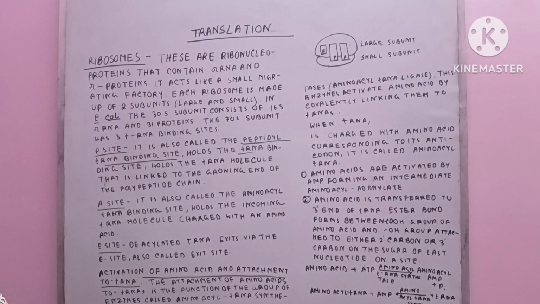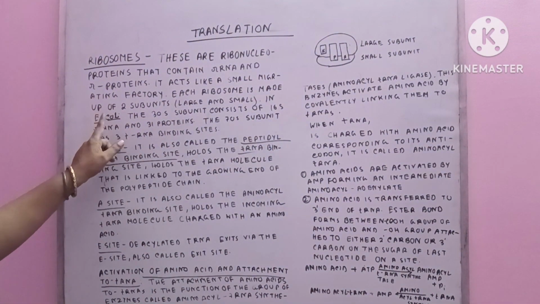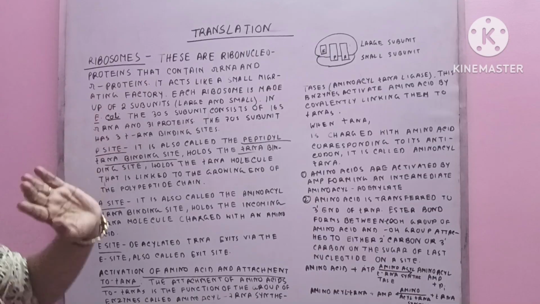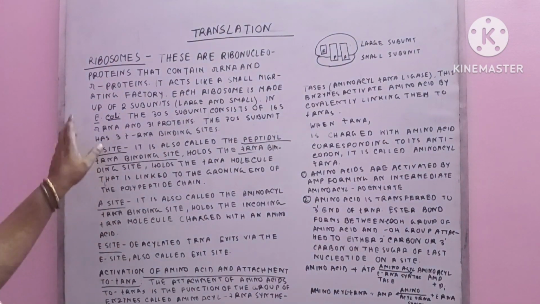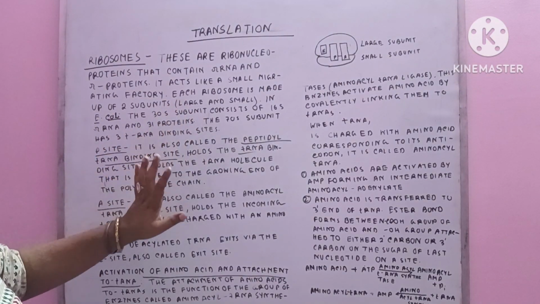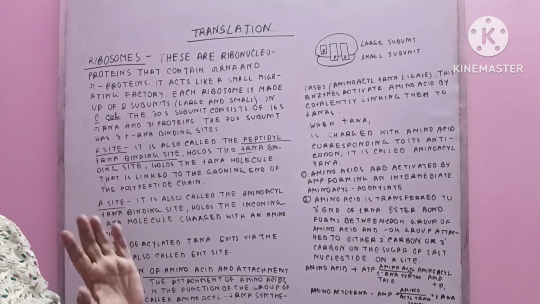Each ribosome is made up of the two subunits, and generally it acts like a small migrating factor. In E. coli, for example, they have the 30S subunit with 16S rRNA and 31 proteins.